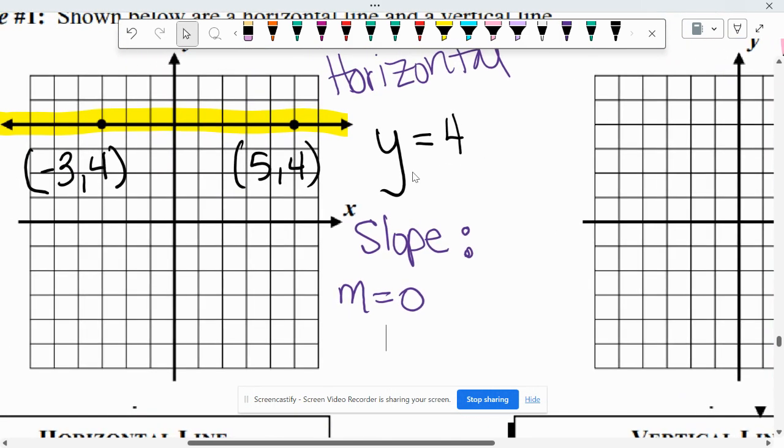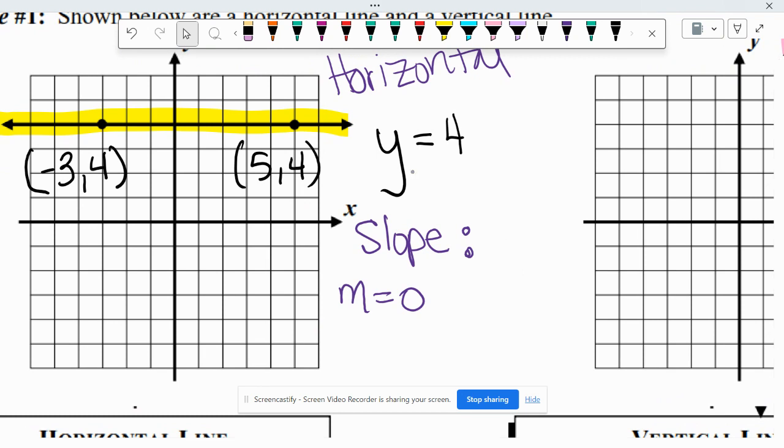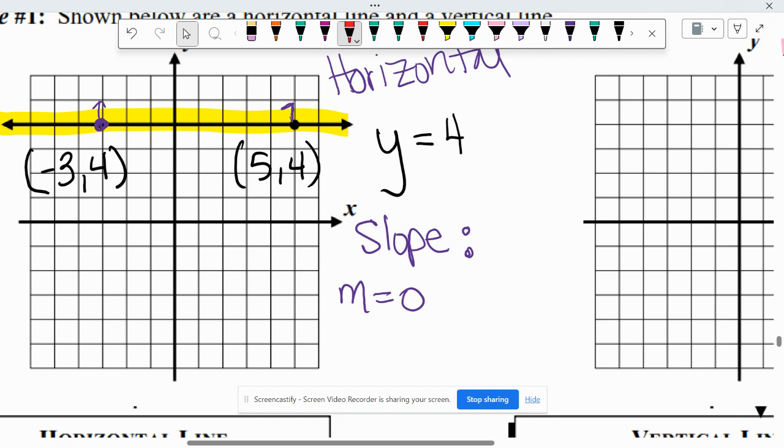It's because it can go up or down, but it can't go left and right. So when I think about a horizontal line, I have no rise. To go from this point right here to this point right here, how much do I rise? I rise 0.